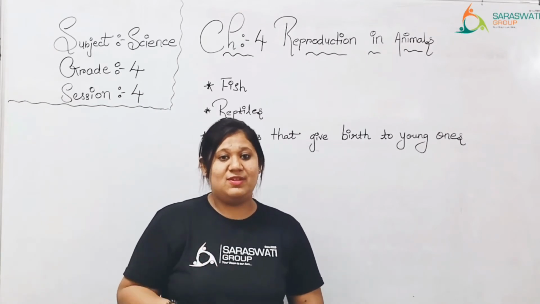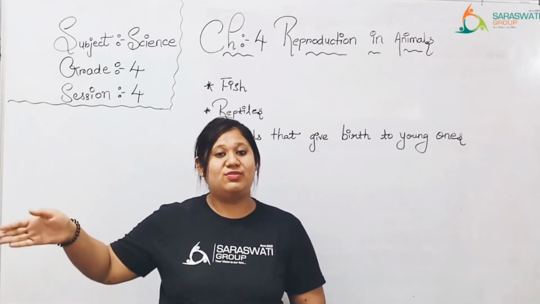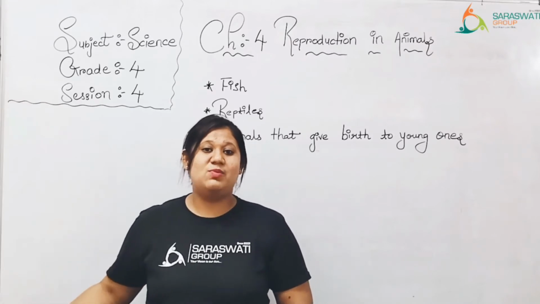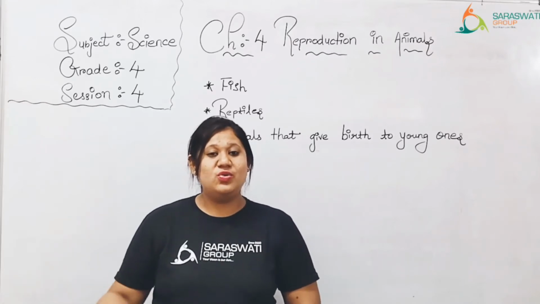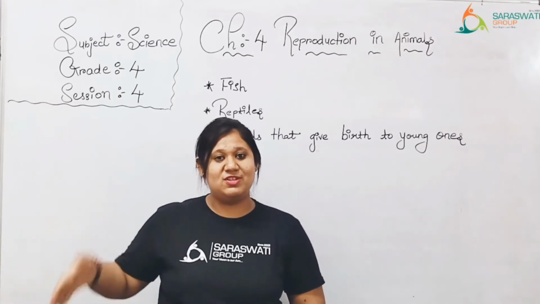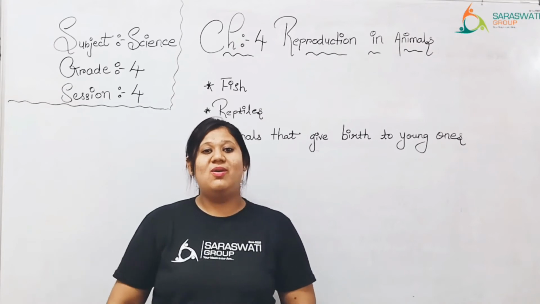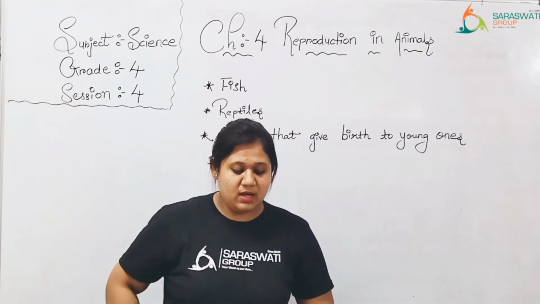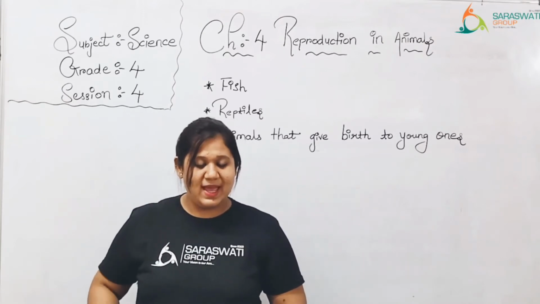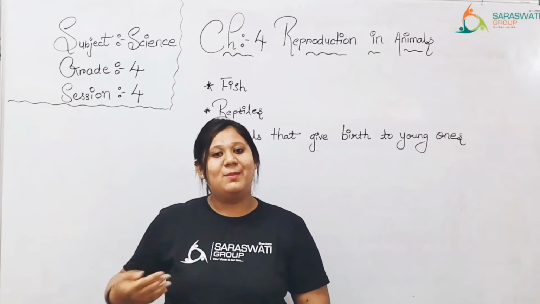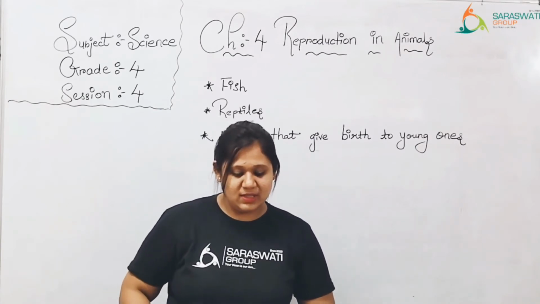Because this fish is not taking care of its own eggs. वो अपने ही eggs की protection नहीं करती है, उस वजह से दूसरी big fishes वो eggs को खा जाती हैं। Clear? The young fish hatch from these eggs. वही eggs में से young fishes बाहर आती हैं, right?